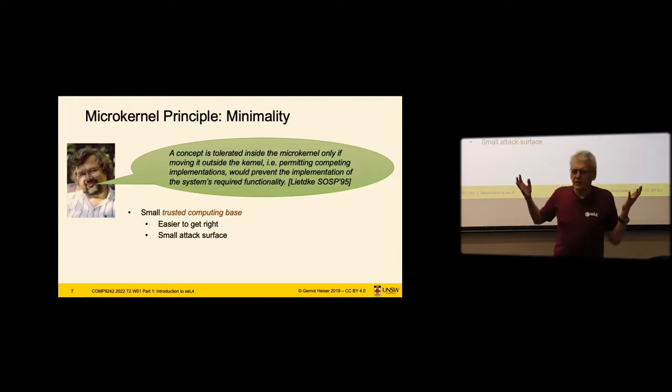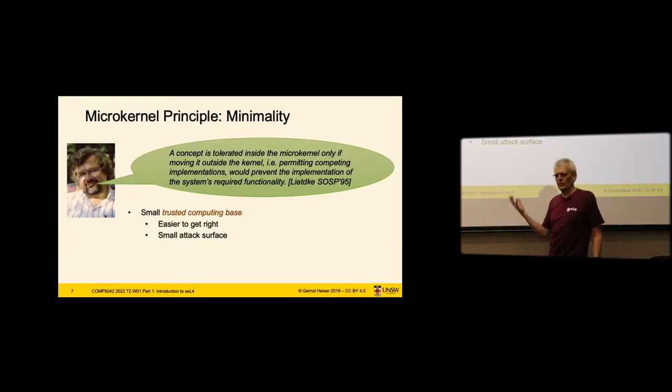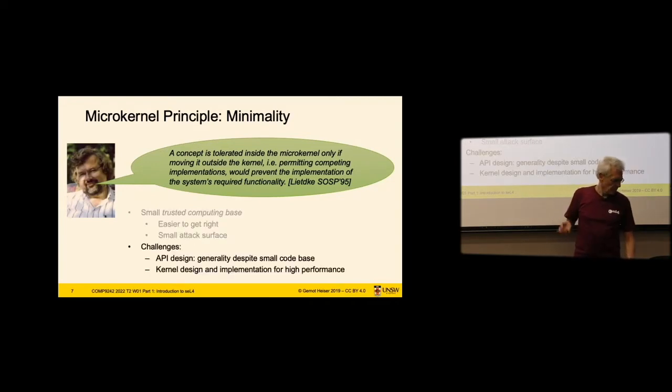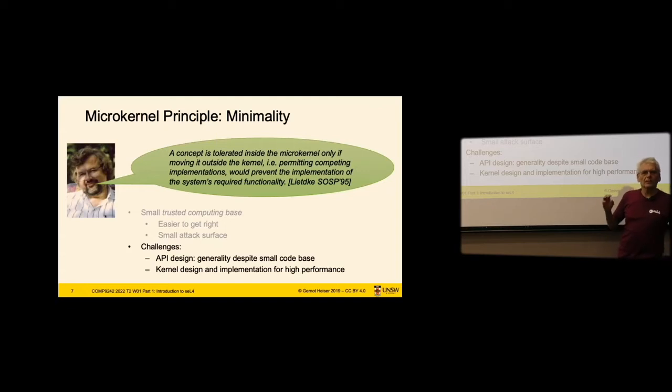In a system like Windows, you have tens of millions of lines in the trusted computing base, which is, of course, impossible to get right. So that reduces the attack surface, but the flip side of the coin is it's much harder to properly design microkernel-based systems so they actually perform.